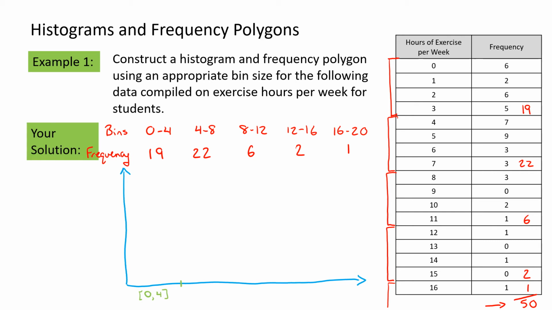So I will keep the same and write it with square brackets, 4, 8. I'm drawing these dashes just so I know where to draw the bars. Then we have 8, 12 with a bar. Then we have 12, 16 with a bar.